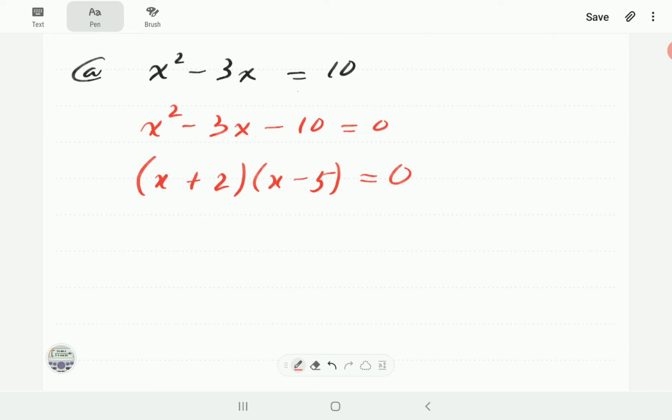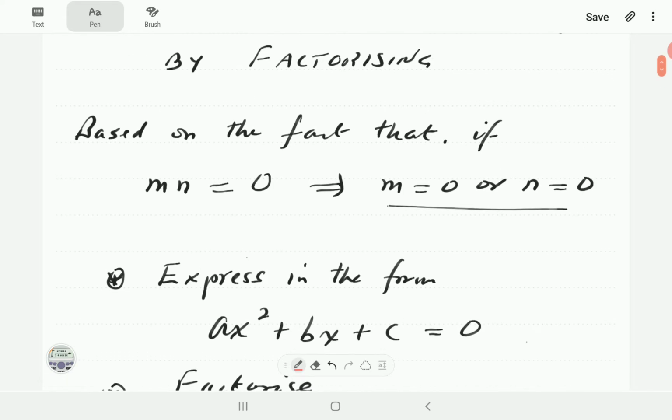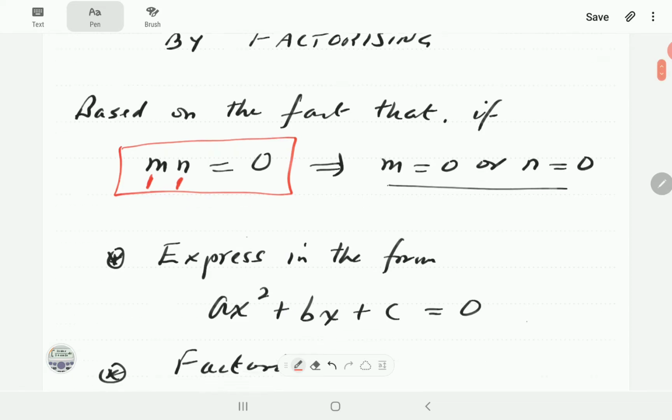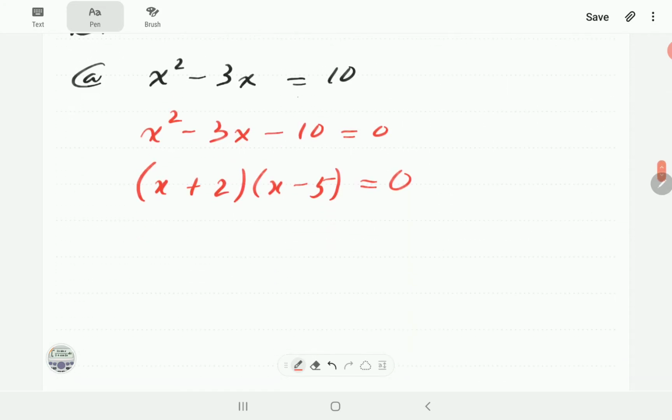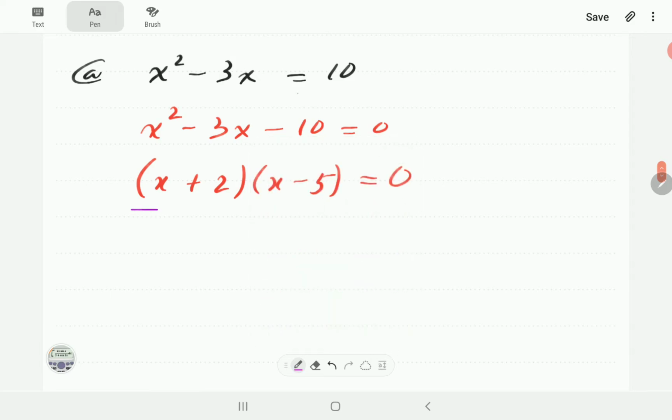Now once we have got the equation in this form, we've got one thing times another thing equal to 0. So the two things here, if you like, are these ones here.